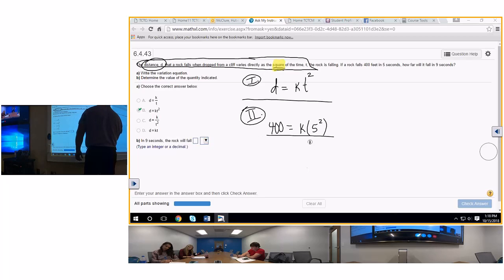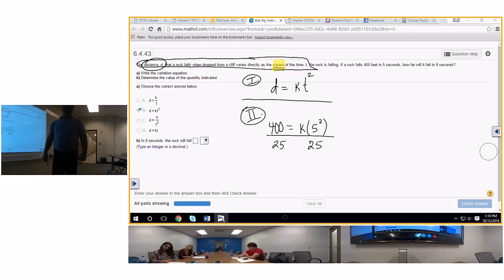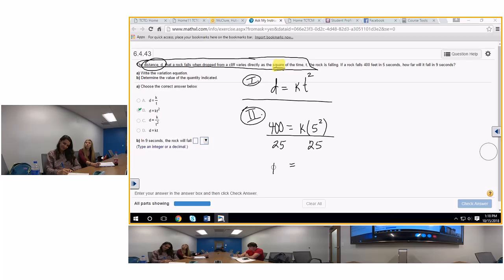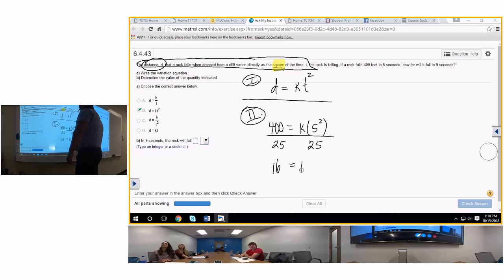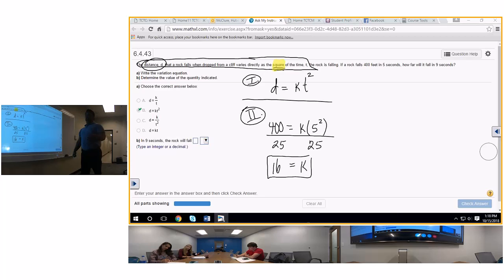Divide by 25. Now don't get a calculator out. How many quarters are in $4? 16. I guarantee you people reach for a calculator, but I ask you how many quarters are in $4, you tell me 16.